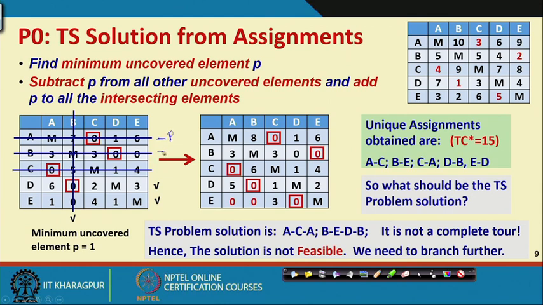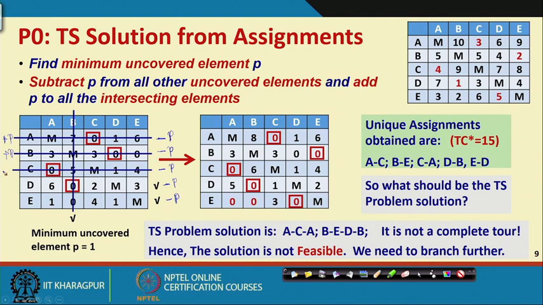So, you are doing this minus P, minus P, minus P. Is it all right? So, you are deducting P from all the elements, that is the first job, and then you see those covered lines. Wherever you have covered lines you are adding P.